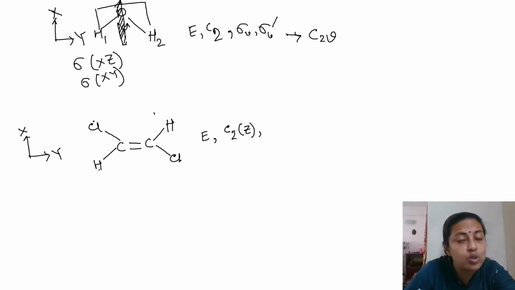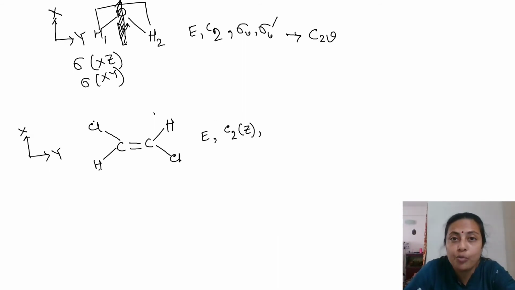Now there is no C2X and no C2Y, because if we rotate the molecule, hydrogen will come over chlorine and chlorine will go to the hydrogen place. So that means that is not going to give me any identical structure. So that is not a symmetry operation. So we are not going to get any perpendicular C2. Once we don't get a perpendicular C2, the point group would be in C.